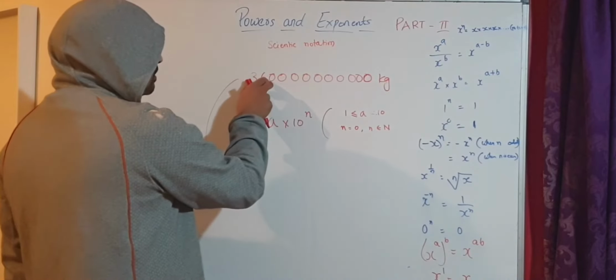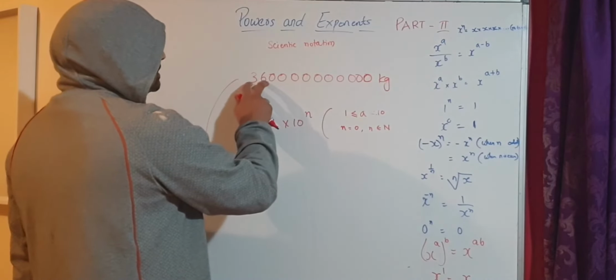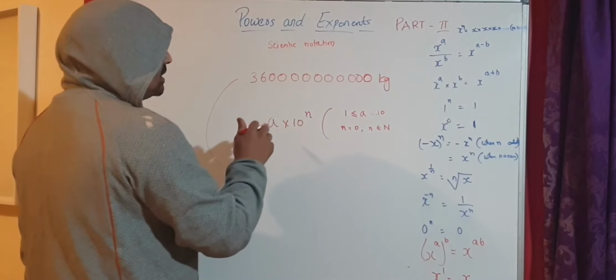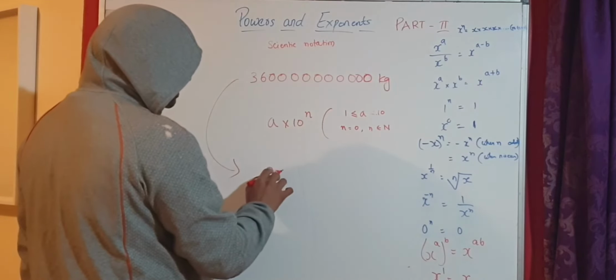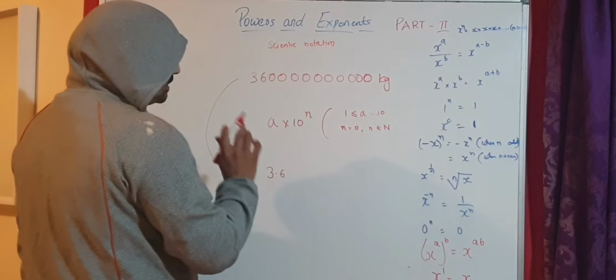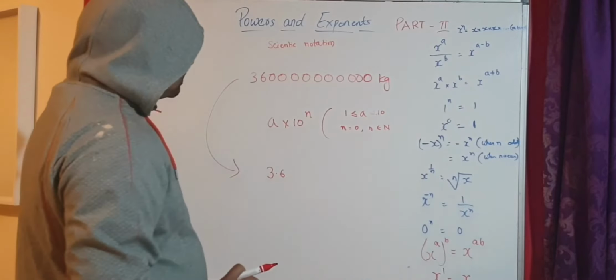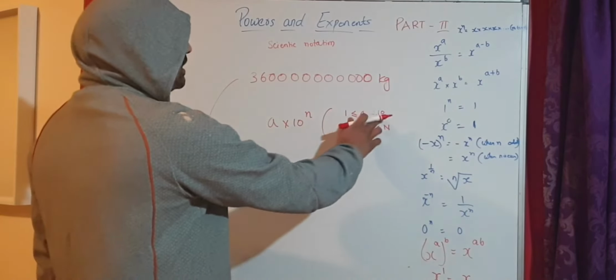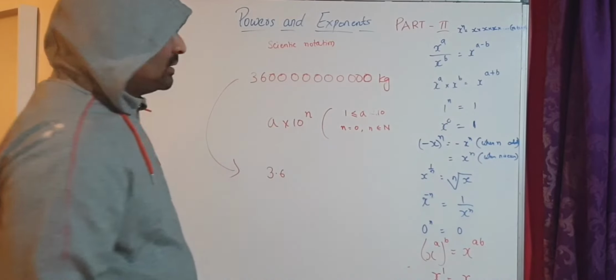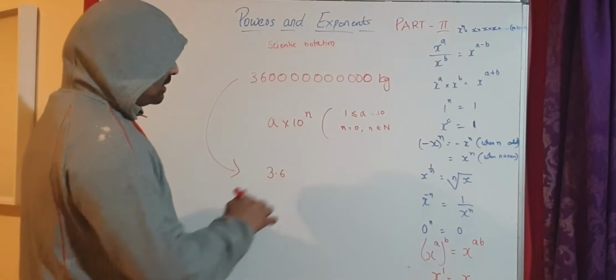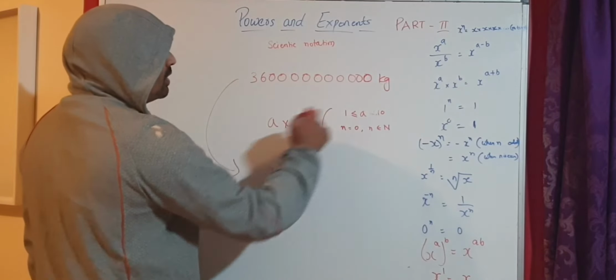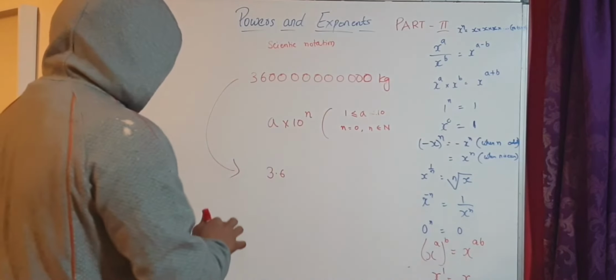In this case, you pick up this number 36 and put a decimal between the 3 and the 6. The reason I'm picking 3.6 is that it should be between 1 and 10. 3.6 is the only number that is between 1 and 10. That's why I've chosen 3.6.